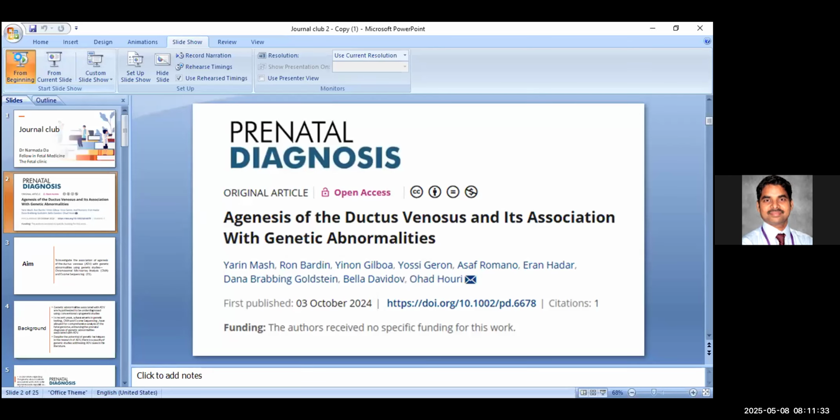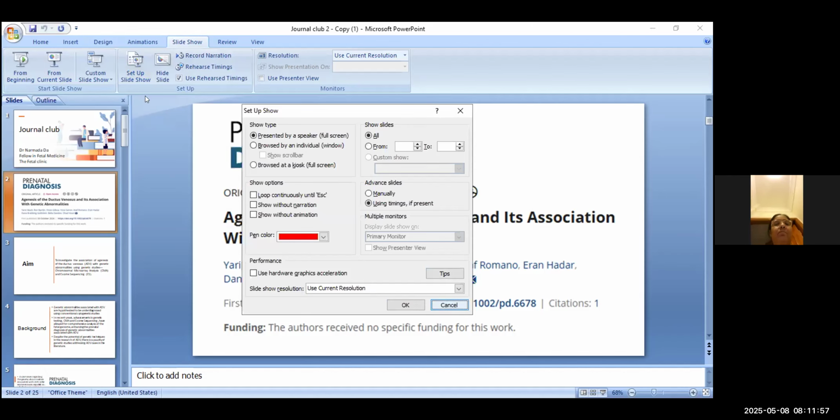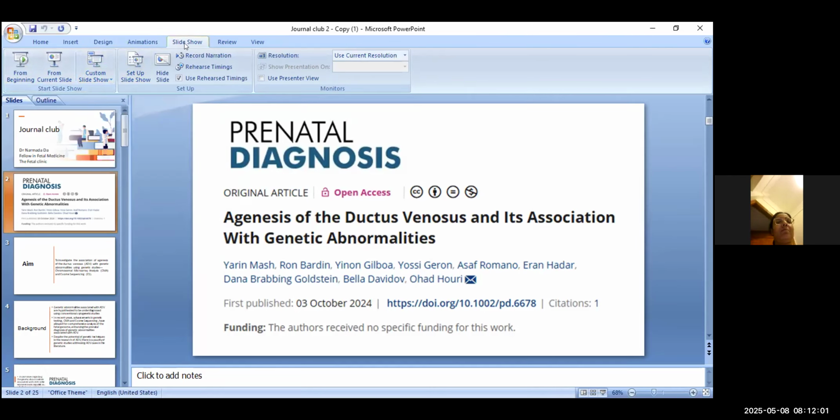It will work. Okay, sir. Is it full screen now? Narmada, put slideshow.